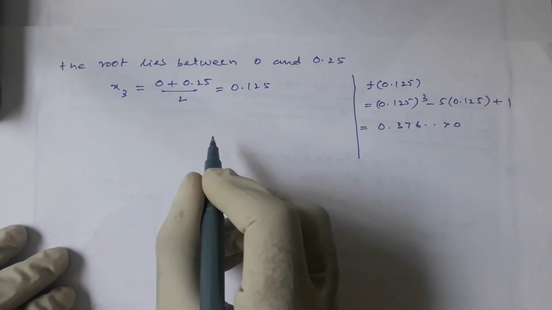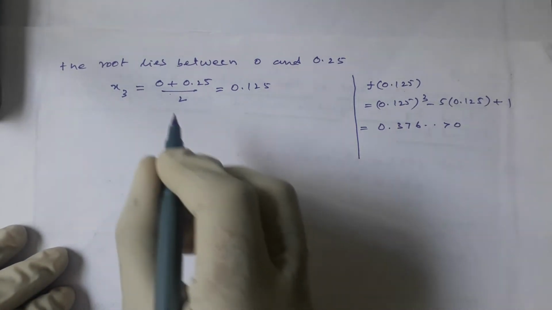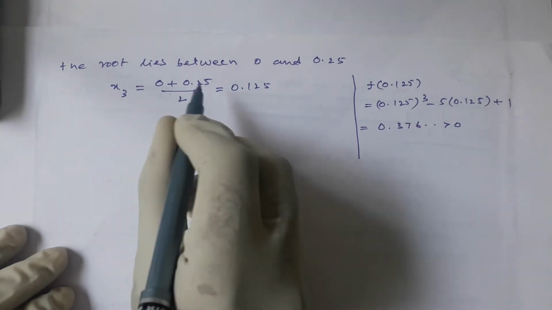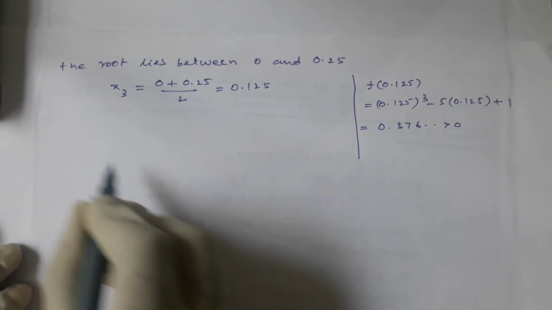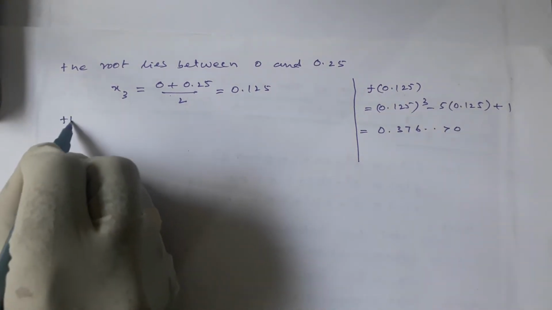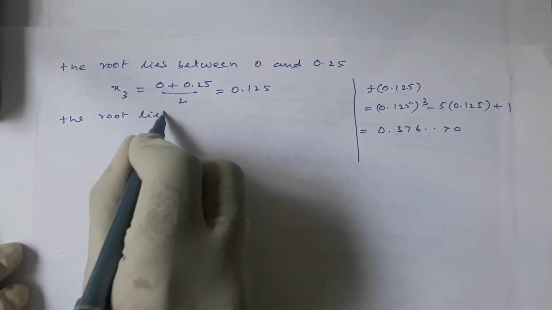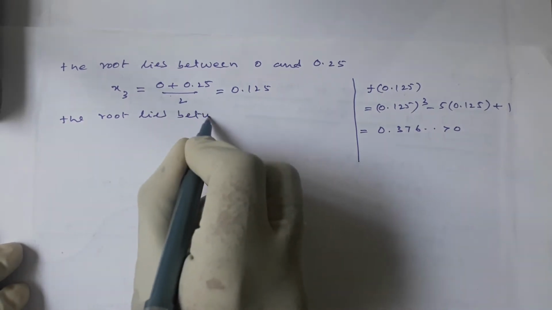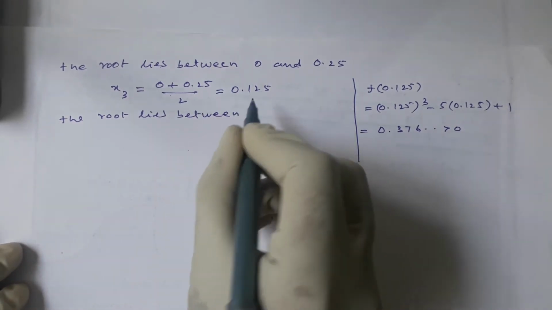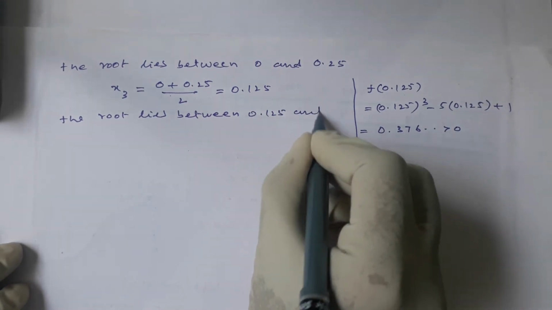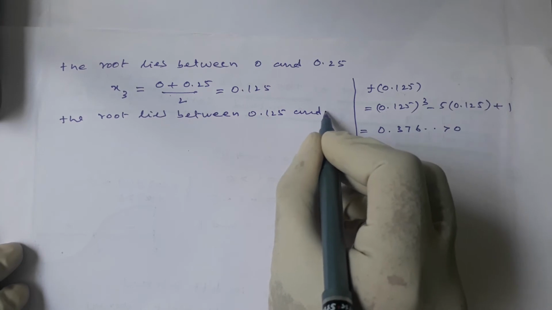So the functional value is greater than 0, and the next root lies on the positive side, from 0.125 to the right side, between 0.125 and 0.25.